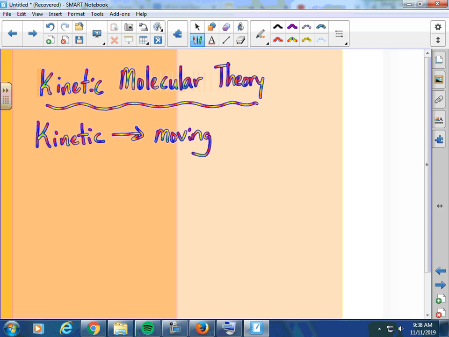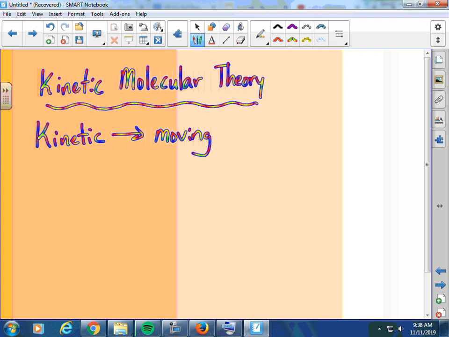Kinetic means moving. So kinetic energy, for example, is moving energy. There are a few basic parts of the kinetic molecular theory, but I want to focus on a couple of them.